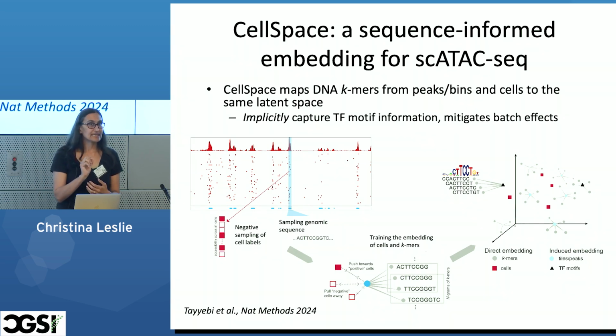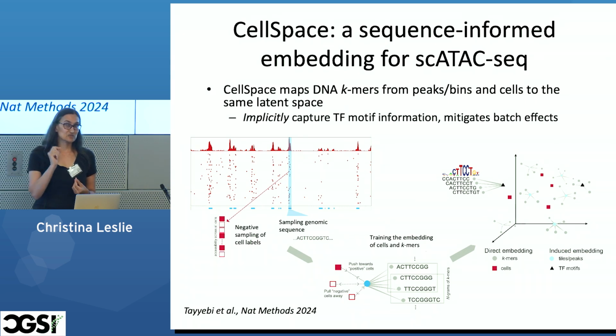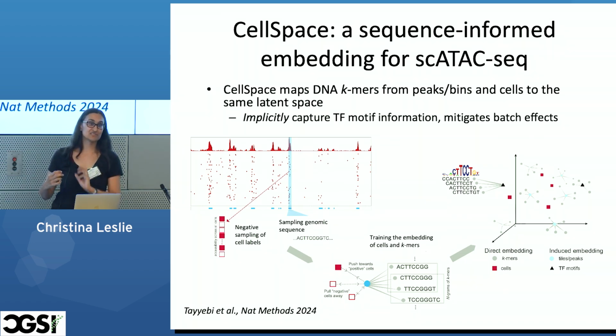Note, we are not explicitly representing the peaks or tiles themselves, and we're not explicitly representing transcription factor binding motifs. But after the fact, we can embed peaks, we can embed motifs into the space and then do things with that information. Okay, everyone with me?